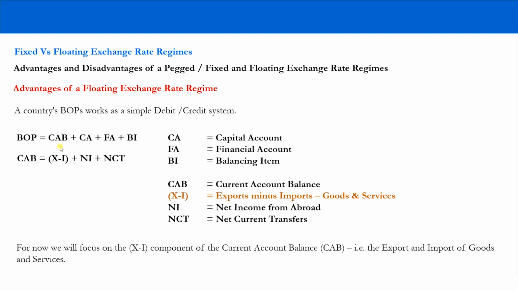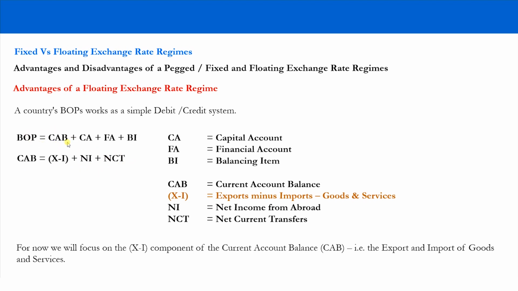We basically have a few components that are important. We have the current account balance, the CAB, and the CAB is exports minus imports, and that's for all goods and services, plus the net income from abroad, plus net current transfers.